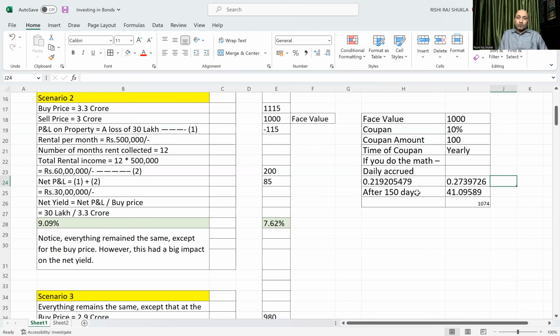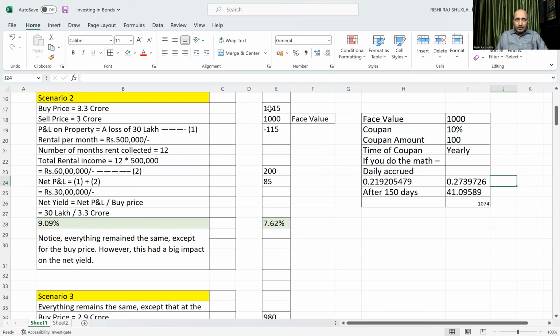Suppose after 150 days, how much will the accrued interest be? It is 41.09589. Suppose after these 150 days we are selling that very bond in the secondary market. So how much are we getting? Suppose here 1115.